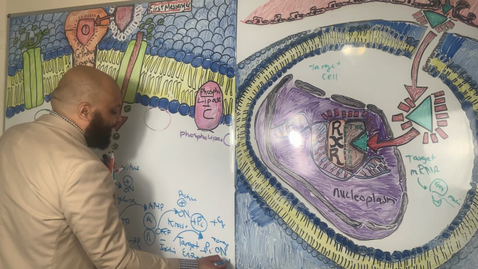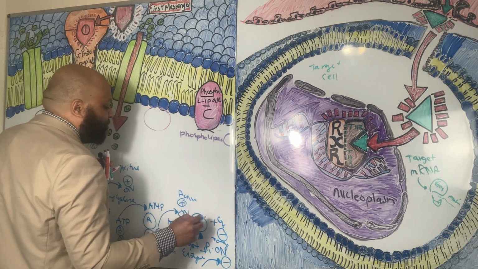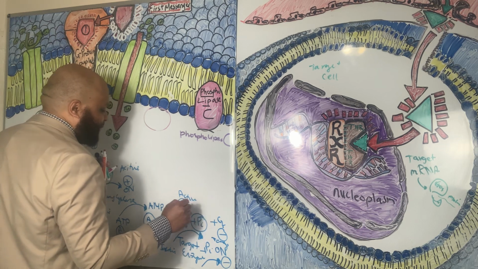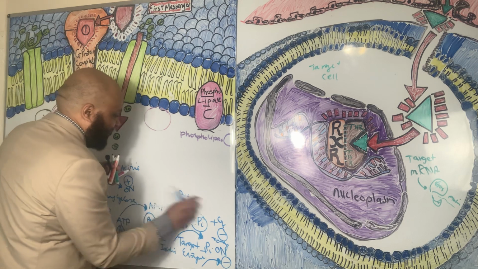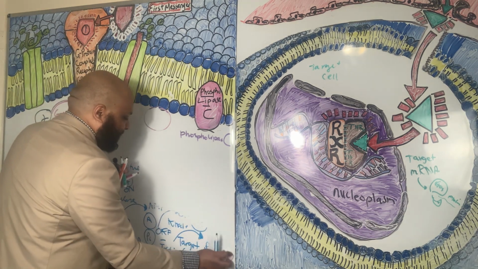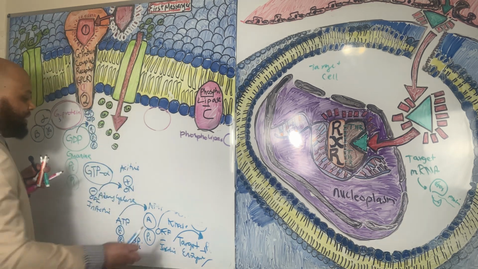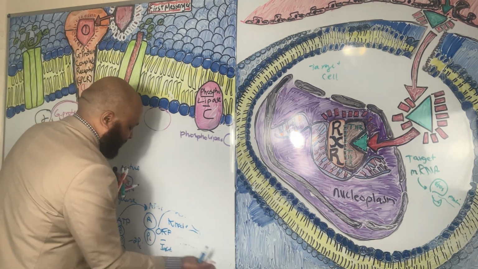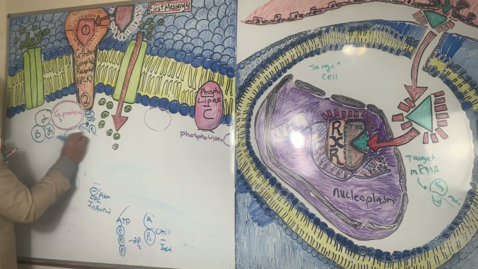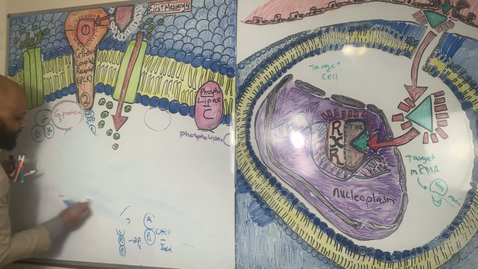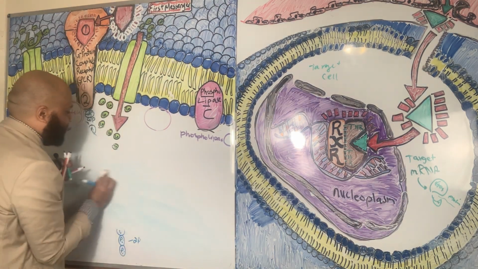It will inhibit and bring down and down regulate target effect, and that is why they call it GI or G inhibitory. So that is one example of our G inhibitory proteins and G stimulatory proteins.